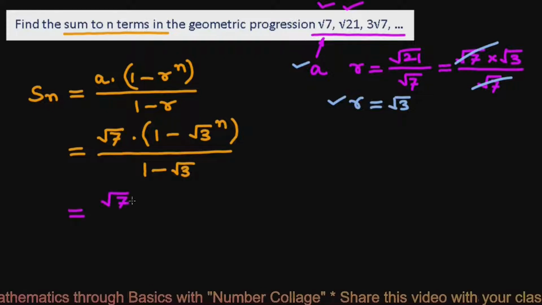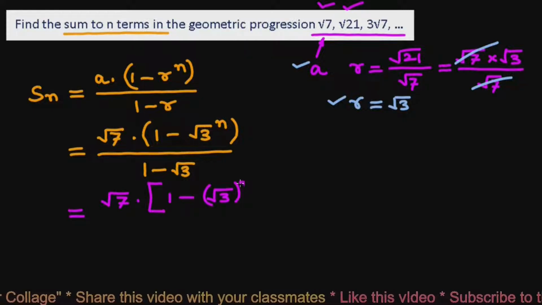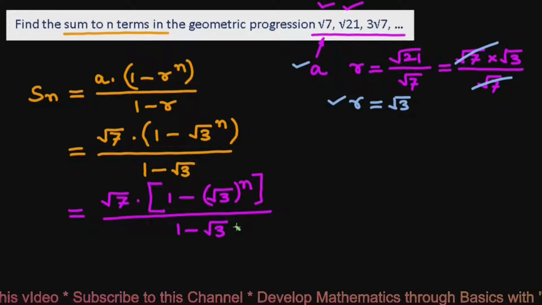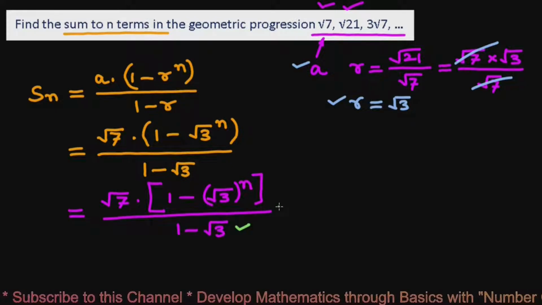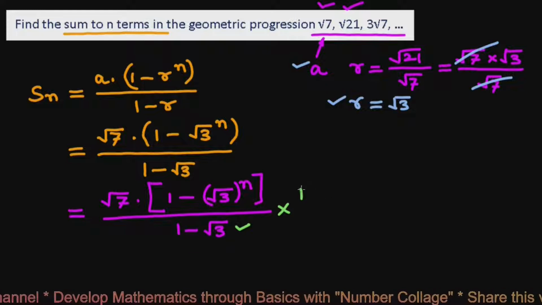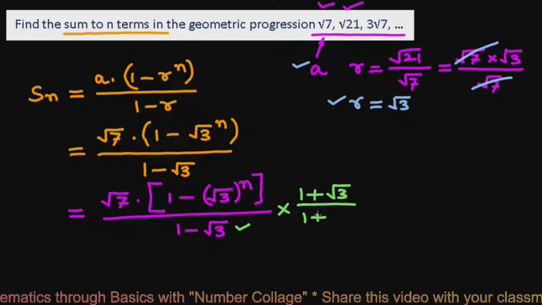In order to rationalize this denominator, we will multiply both numerator and denominator by its conjugate, which will be 1 plus root 3 upon 1 plus root 3.